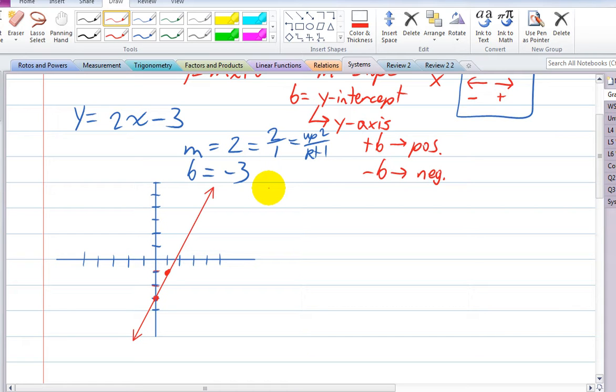Now we're going to use the same grid for the next line, so you don't have to draw 30 grids. So this is question number 1. Let's label the line with the number 1. And then let's do a number 2 over here. Number 2, let's say y equals -3 over 4x plus 4.